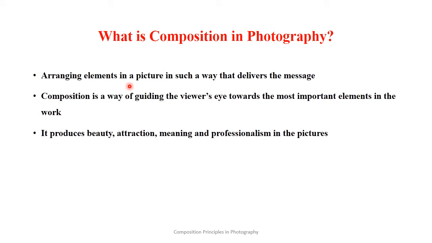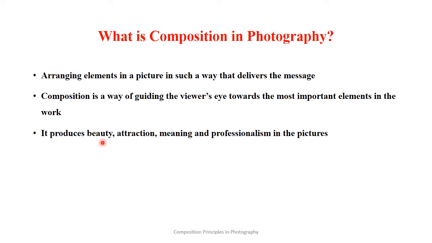We are unconsciously following the rule of the composition, and this composition is also a way of guiding the viewer's eye towards the most important elements in the work. And this composition will also force us to look at the picture in a specific way, because this is what the meaning of the composition is, that it forces us to see the picture in a very specific manner. We are going to explain this very point in the coming slides.